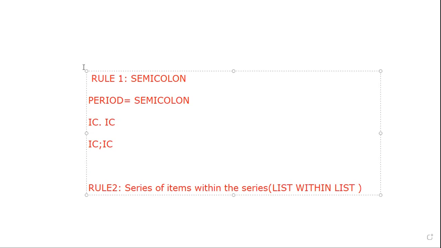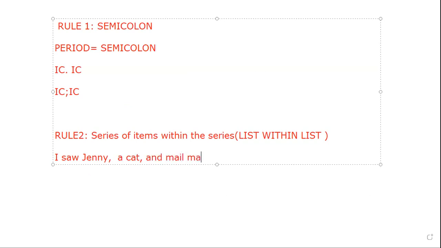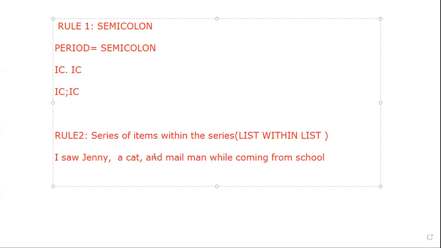Now let me explain with the most simple example here. Let's say I saw Jenny, a cat, and a mailman while coming home from school. Usually, because there are three items in the list, I'll be separating them by commas. However, let's say the same example regarding the cat: I saw Jenny, a big black cat, and a mailman.